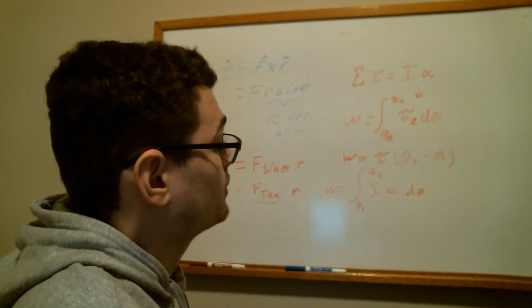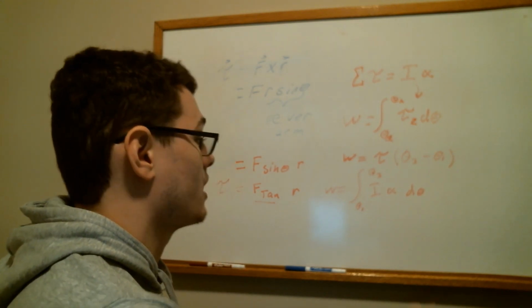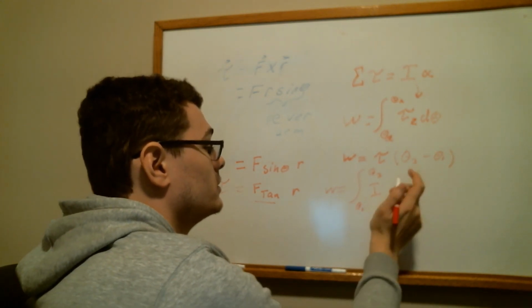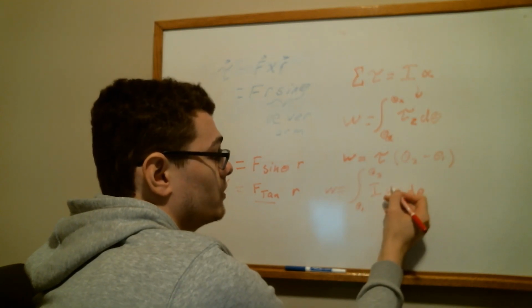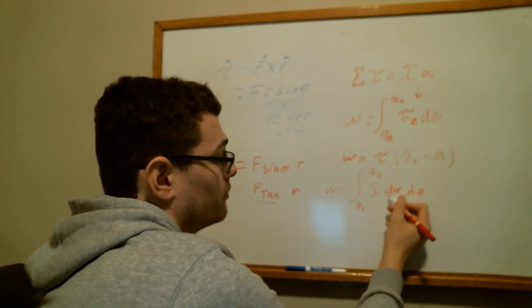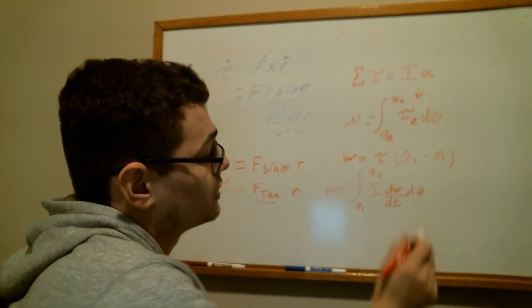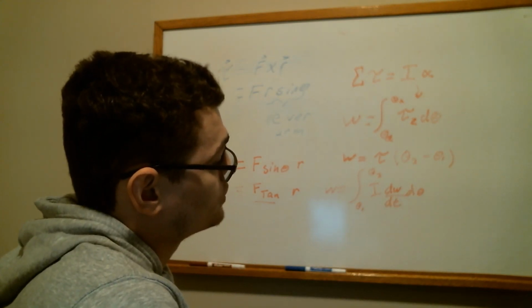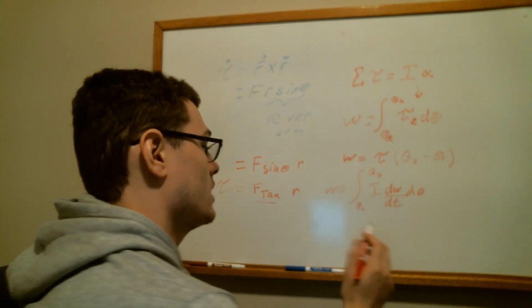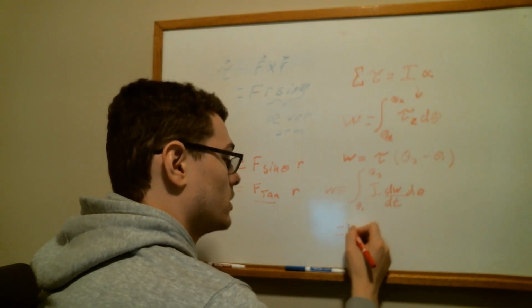But now we can say, all right, well, what is alpha? Alpha is going to be the time derivative of omega. And what we can do here is shift this time derivative over to the theta. And so now this equation is going to look like this.